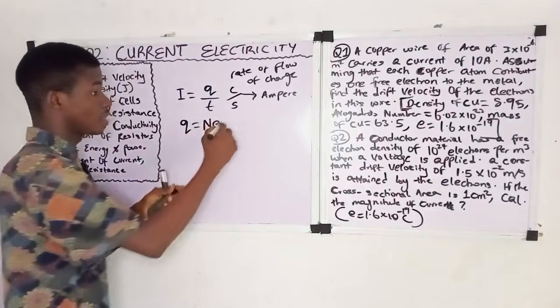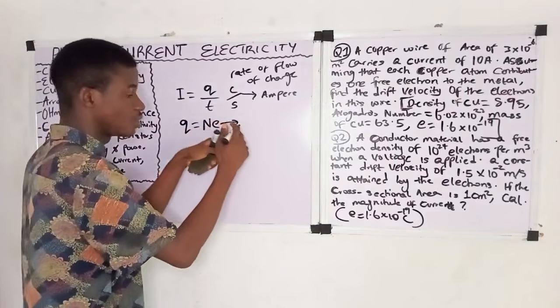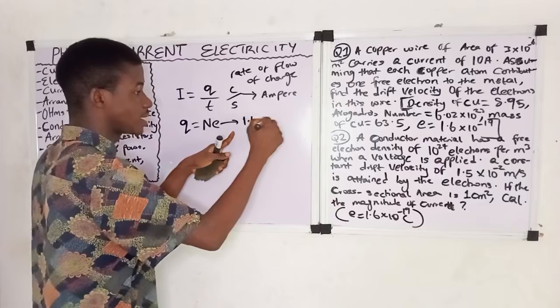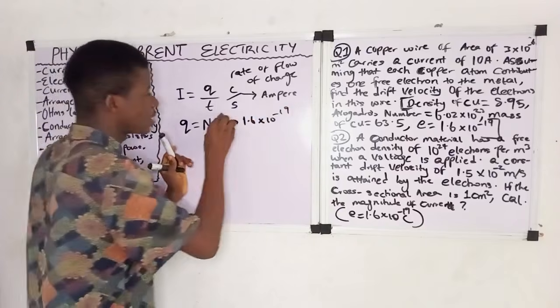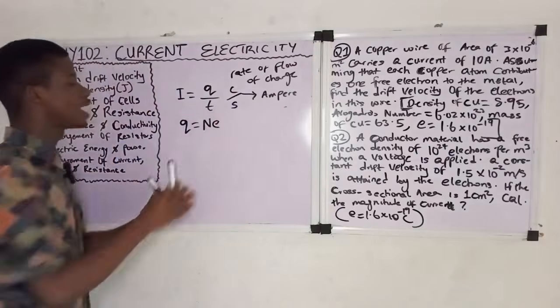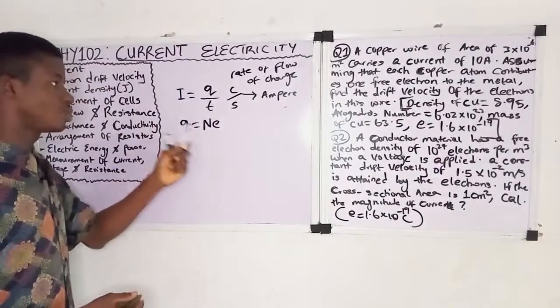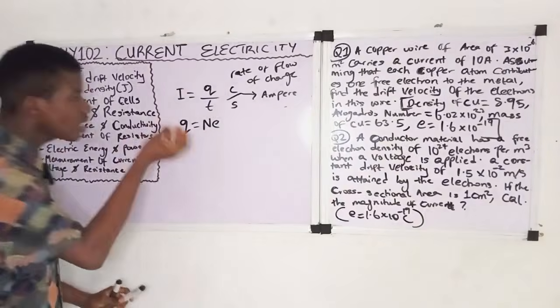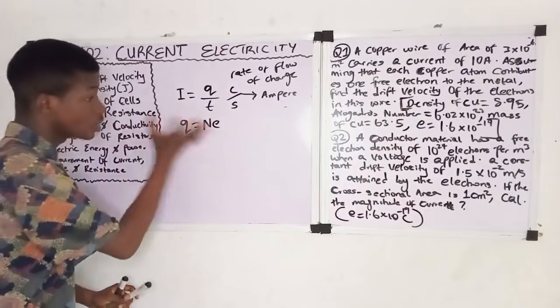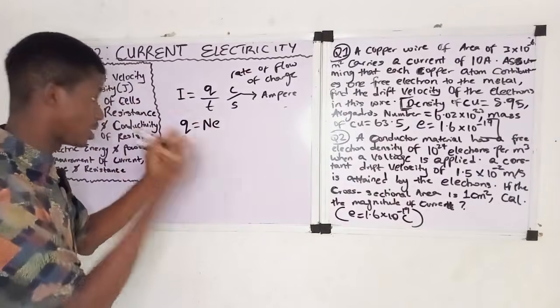This symbol e, which is known as the charge of an electron, is equal to 1.6 times 10 raised to the power minus 19. I told you guys in our very first class. So we know that charge generally is equal to n times e.